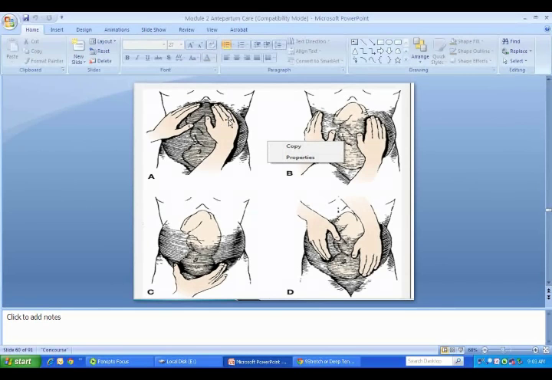So here we are feeling the top to see if it's a round head or pointy sacrum. That's maneuver 1. In maneuver 2, we're checking where the feet and hands are. In the third maneuver, we're checking if it's head first.